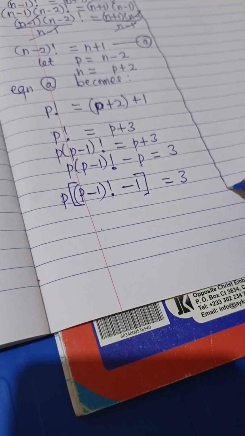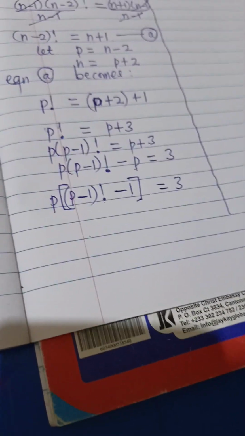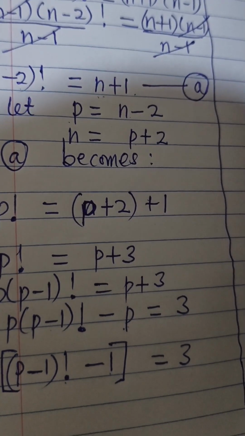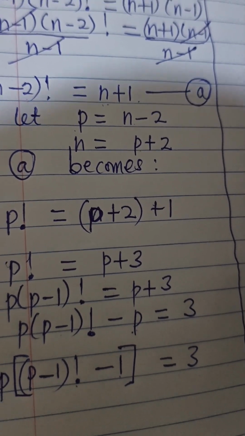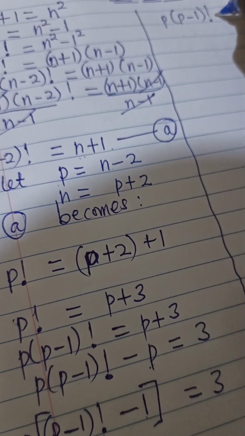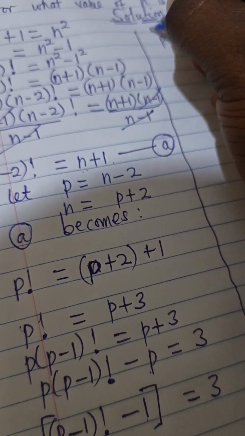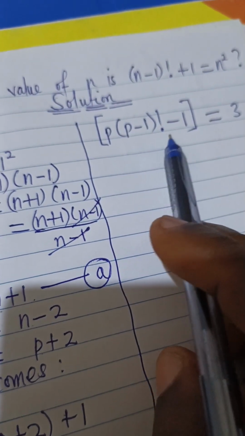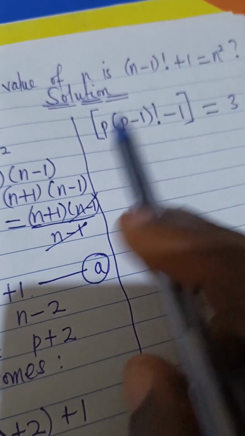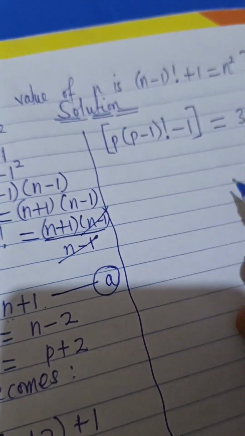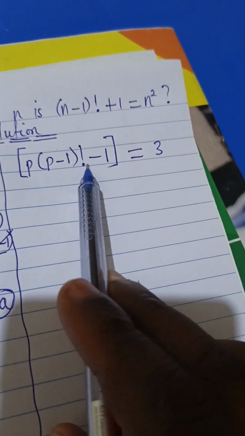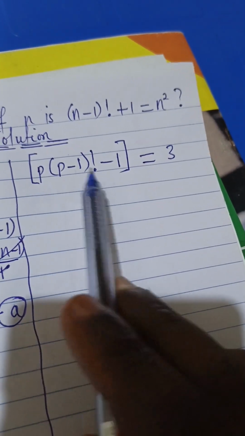Now at this point, I am going to make some analysis. Look, I have p times p minus 1 factorial minus 1 here, and that's equal to 3. Now, don't forget that this is a product.